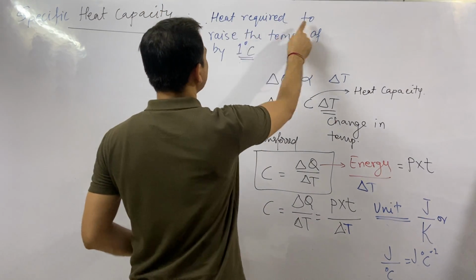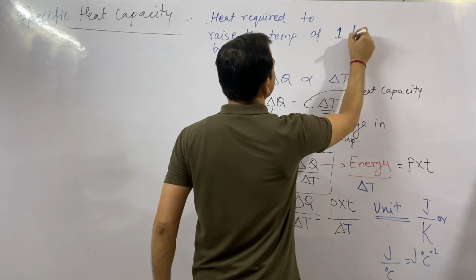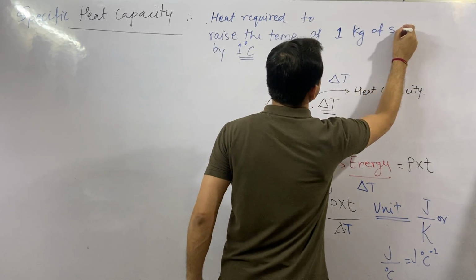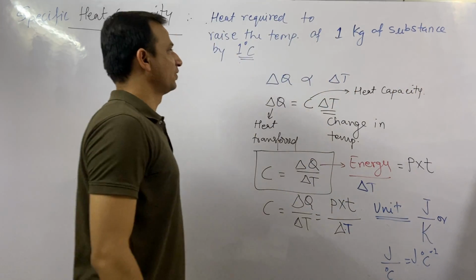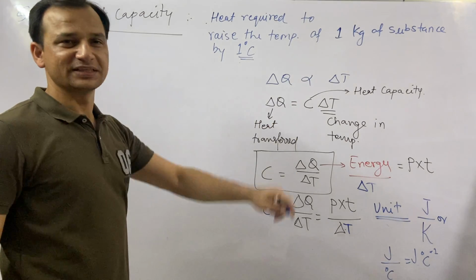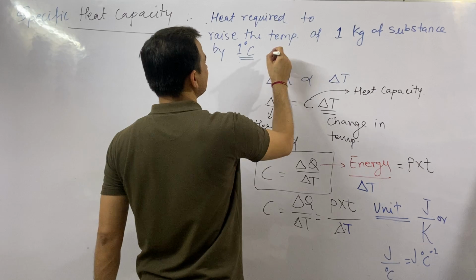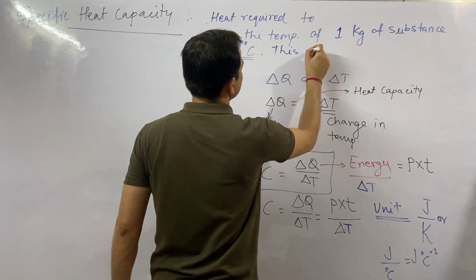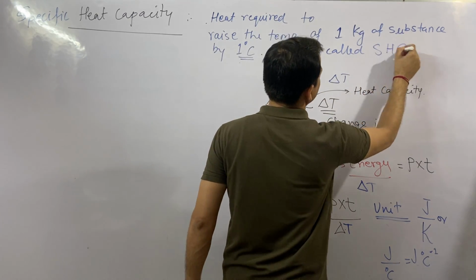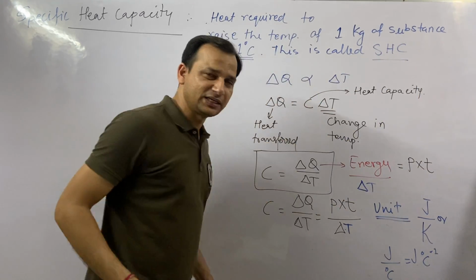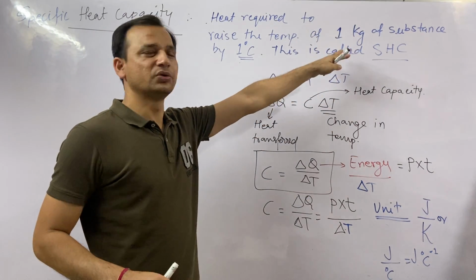So heat required to raise the temperature of 1 kg of substance, or the matter, 1 kg of matter by 1 degree Celsius, this is called specific heat capacity, SHC. I have written it in short to save time. You don't write this in the exam.